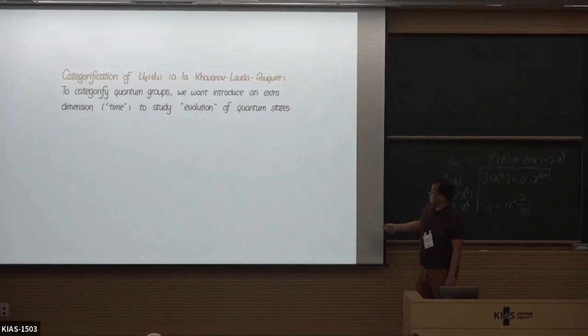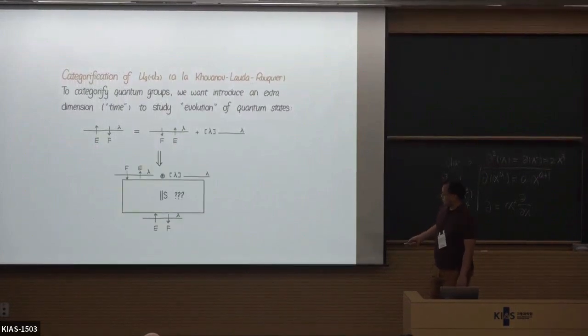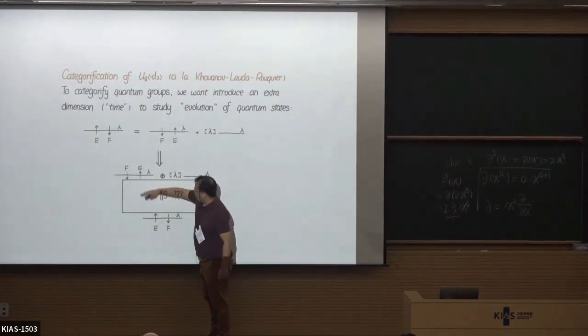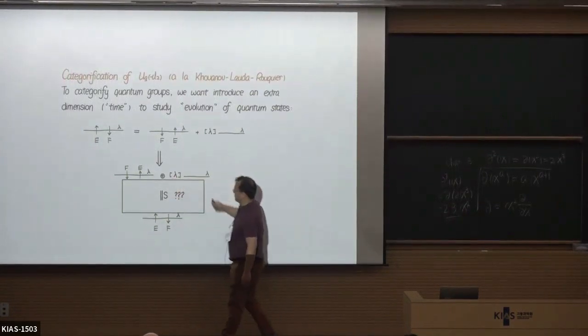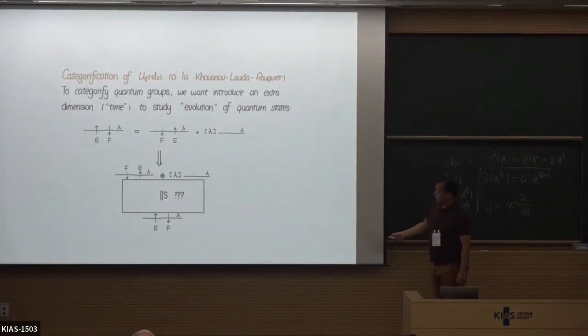You want to study how quantum operators or quantum states evolve with respect to time. So instead of having the commutator relation between these operators, you want to say that this operator can evolve into this entire picture, and whatever picture you can draw in there to describe this evolution process.